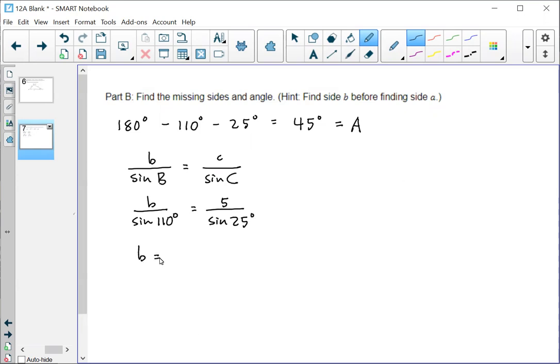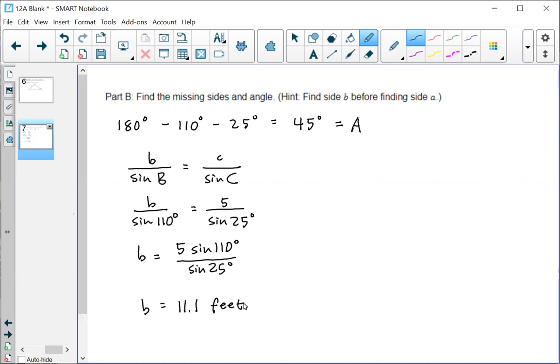Rearranging so that B is written in terms of everything else, we get B equals 5 times the sine of 110 degrees over the sine of 25 degrees. Doing the calculation, we get about 11.1, and that's in feet.